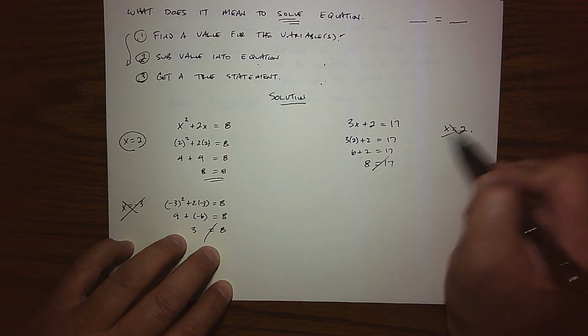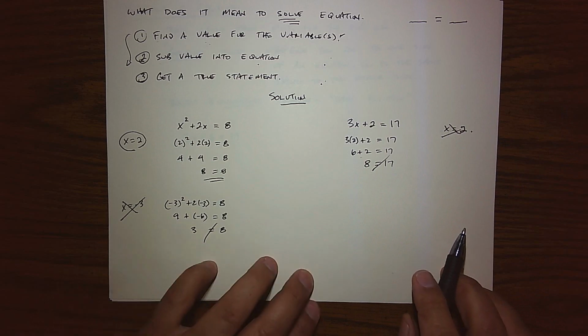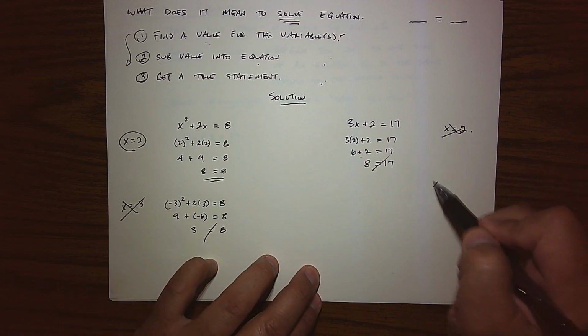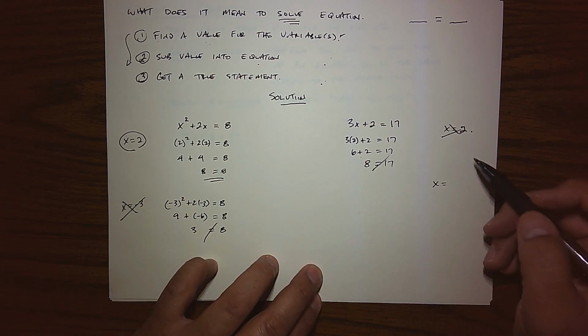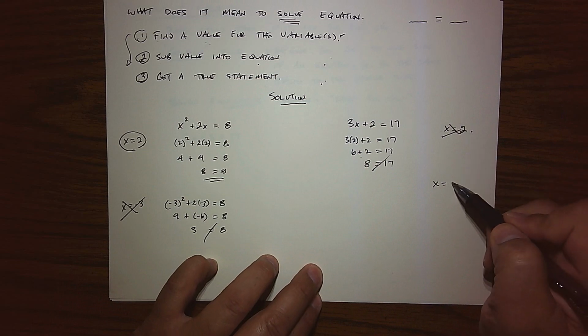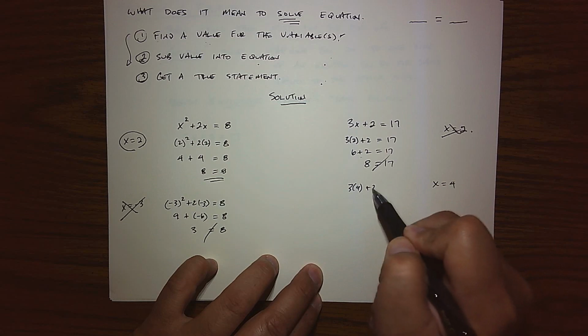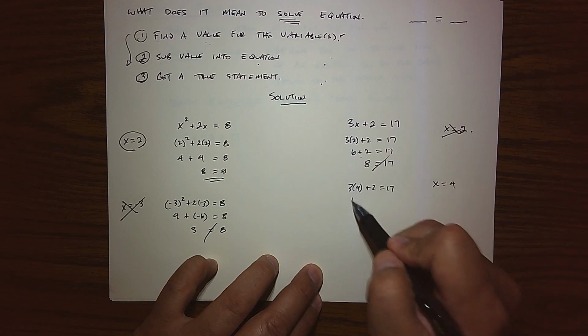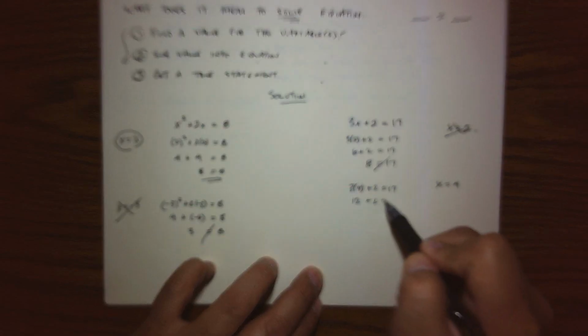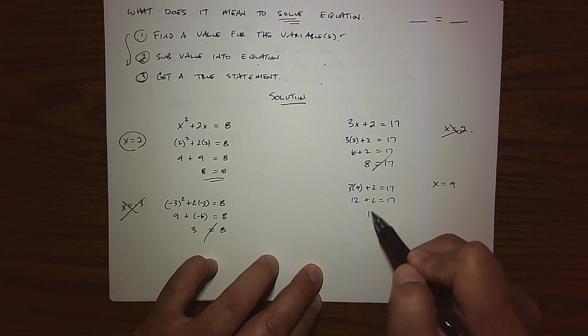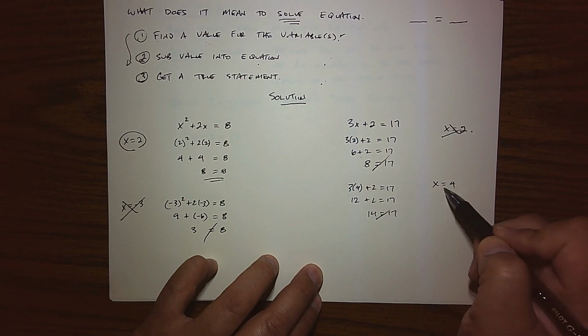So this is not a solution in this case. Let's just keep trying some values. Let's try 4. When I put 4 in there, 3 times 4 is 12. 12 plus 2 is 14. And so that's not the solution either.